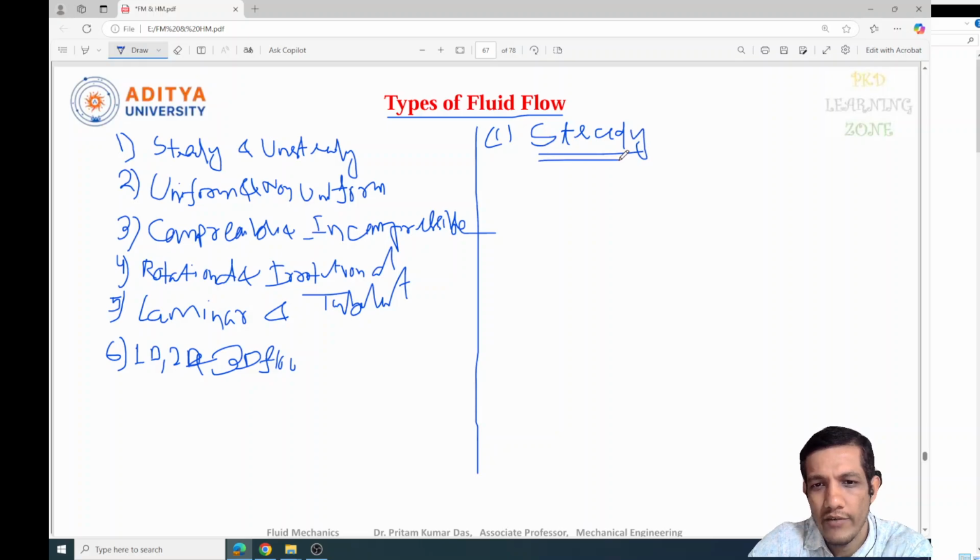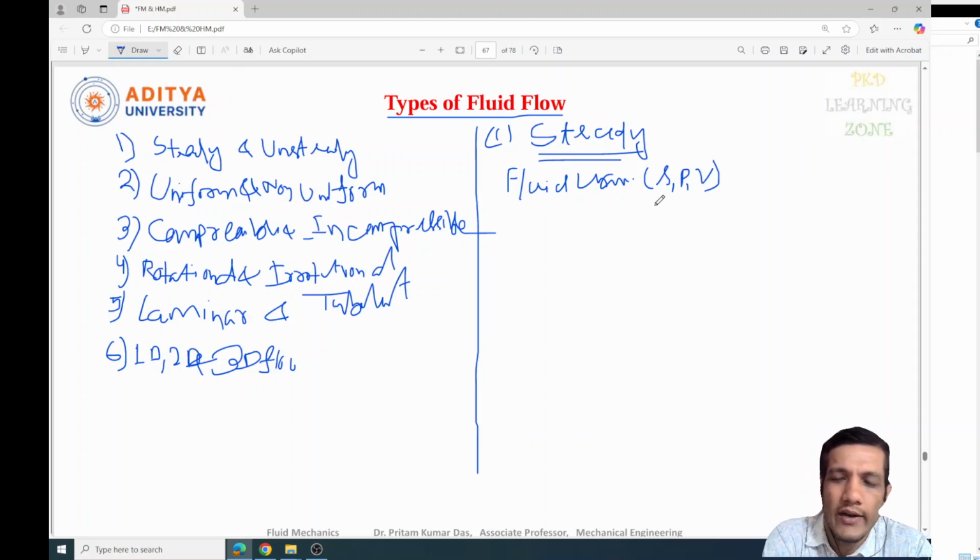Steady flow is the fluid flow in which the fluid characteristics, and let me write the fluid characteristics, means we can consider rho, that means density, pressure and velocity of the fluid at a point, do not change with respect to time.